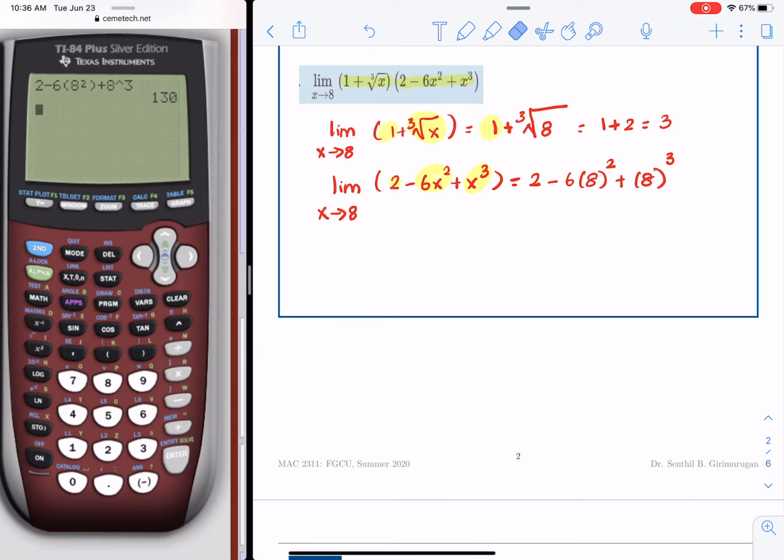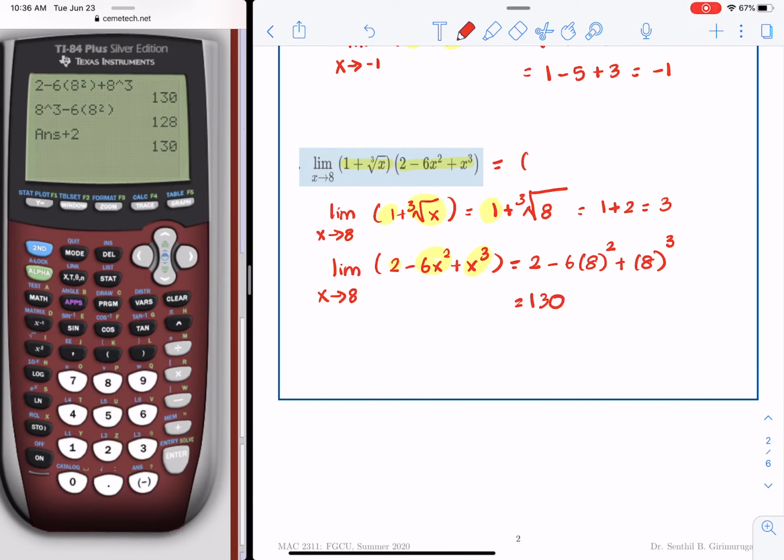Let me try this again. Okay, so it happens to be 130. I was, in fact, way off.